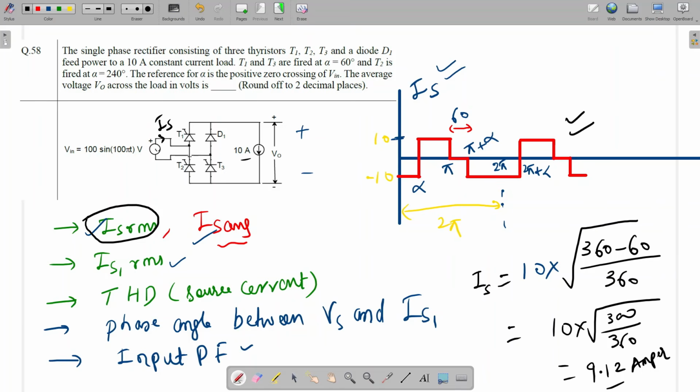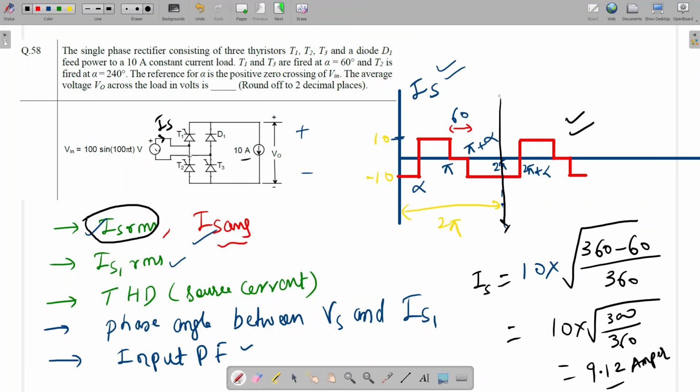Since the positive area is not equal to the negative area, as is visible from this waveform, some average value will be there. Can anyone tell whether the average value will be positive or negative? It is directly visible from this waveform.